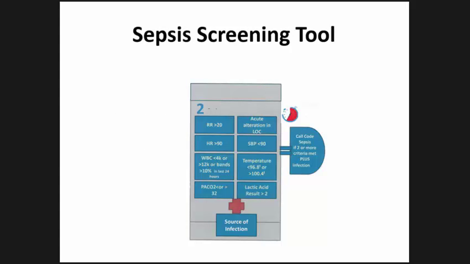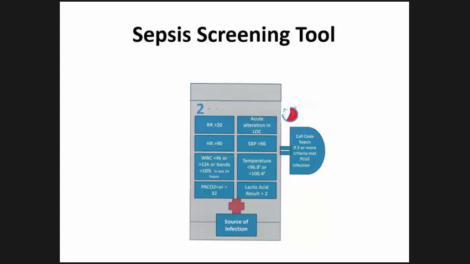The nurses have a screening tool now, very similar to what our protocol is. You've got respiratory rate greater than 20, altered mental status, blood pressure less than 90, heart rate greater than 90, white count less than 4,000 or greater than 12,000, temperature less than 96 or greater than 100.4, PCO2 32. Guess what? Lactic acid's here too, greater than 2.